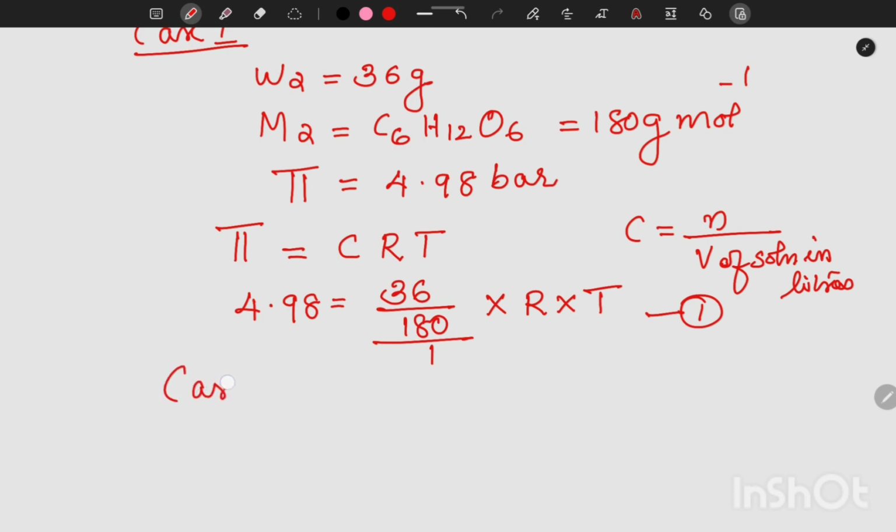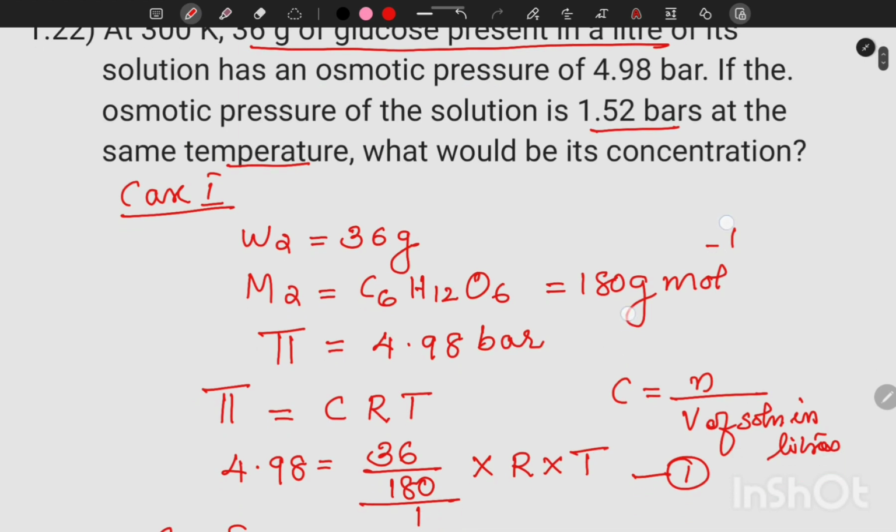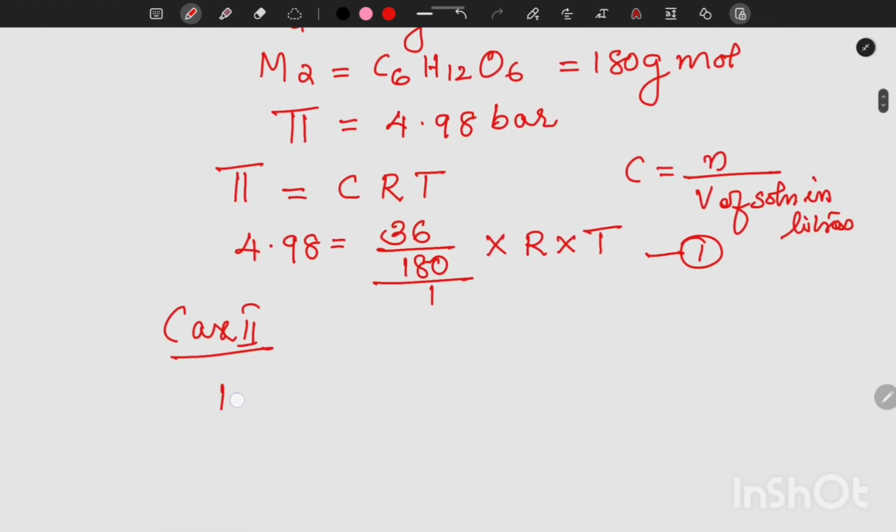Then case 2, osmotic pressure is given as 1.52 bar. Concentration we don't know. Universal gas constant is the same and temperature is also mentioned as the same temperature. So this is equation 2.